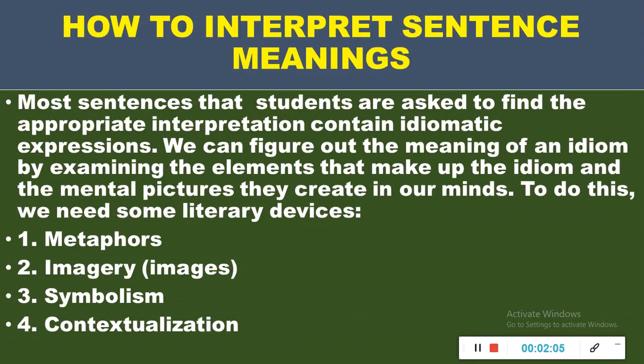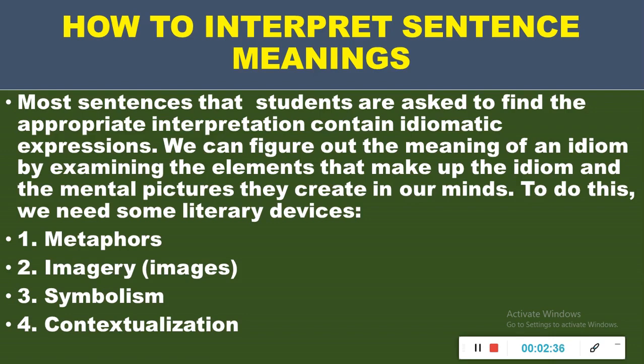Now, most sentences that students are asked to interpret contain idiomatic expressions. We can figure out the meaning of an idiom by examining the elements that make up the idiom and the mental pictures they create in our minds. This is because an idiom is essentially a group of words whose meaning is different from the individual meanings of the words that make up the group.